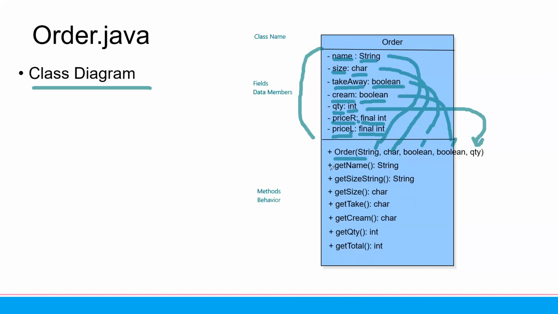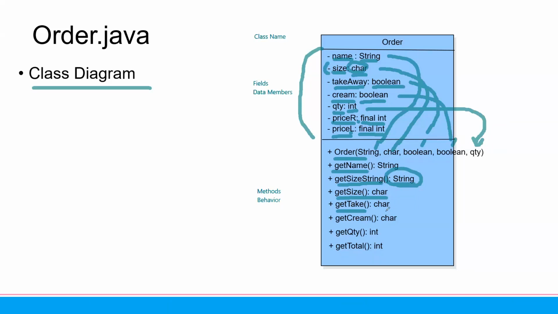In the behavior we have getName, getSize. We have the size here, but it will be a string, not a character. Even though the data is character, I want to show the result as a string. And then we have another method to get the size in the character.